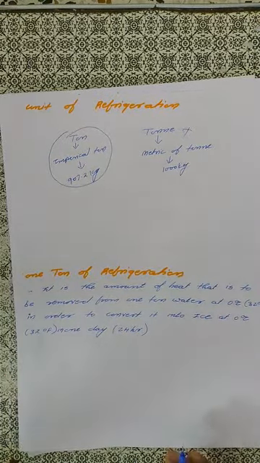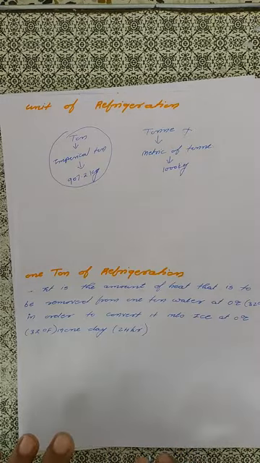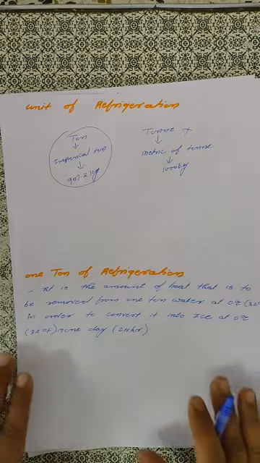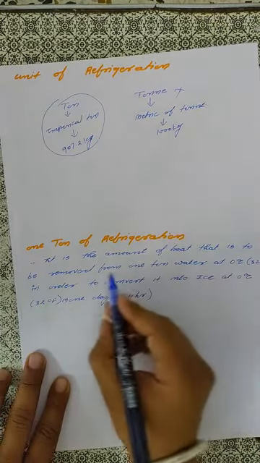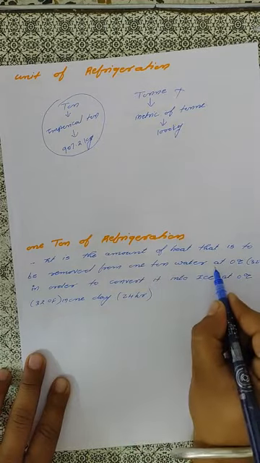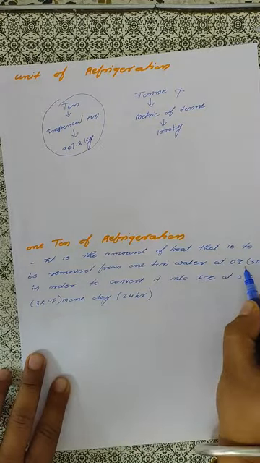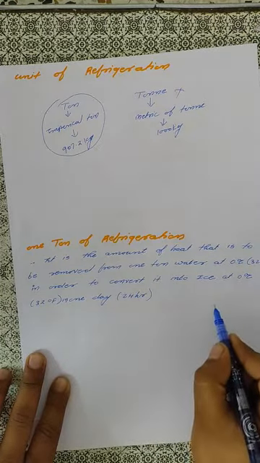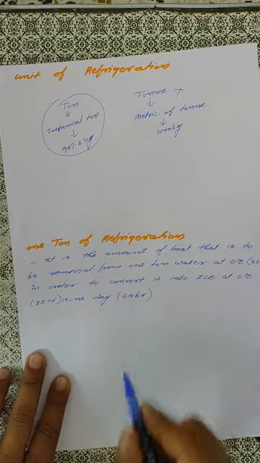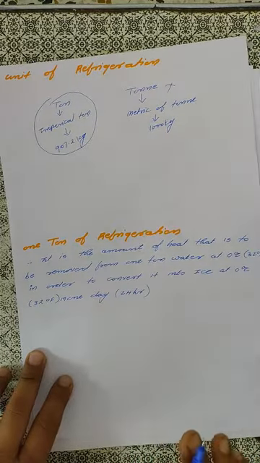Now we will define 1 ton of refrigeration. 1 ton of refrigeration is the amount of heat that is to be removed from 1 ton of water at 0 degree Celsius, that is 32 Fahrenheit, in order to convert it into ice at the same temperature in 1 day, that is 24 hours.